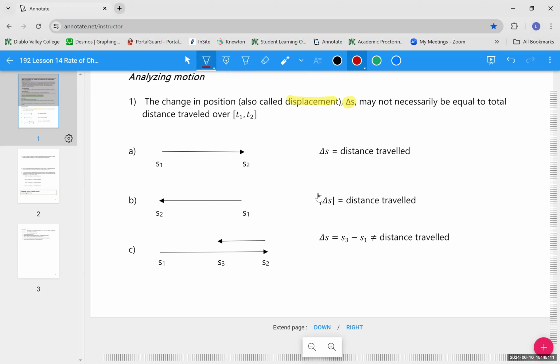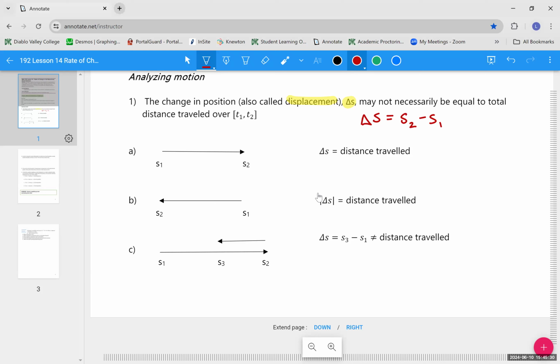So there's a couple of different diagrams here to sort of show this. So change in position, if you're looking at, like a position 1 and a position 2, will always be the later position minus the earlier position. Okay.